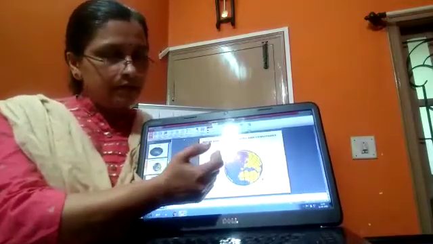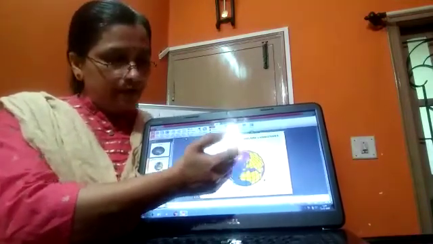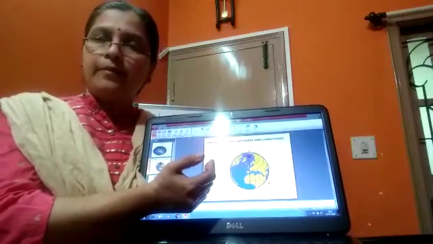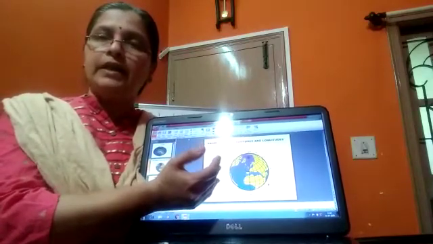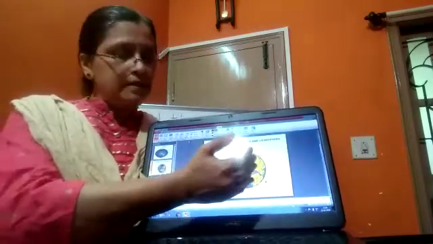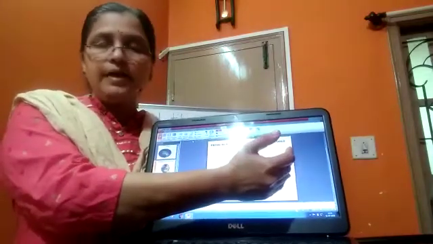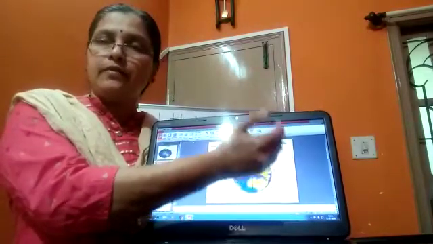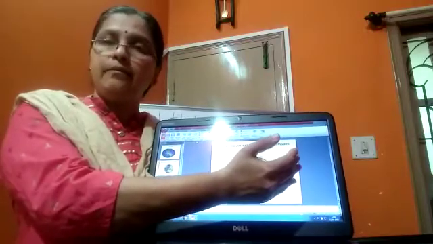And the other meridians: to the west of the prime meridian we have 180 meridians, and to the east of the prime meridian we have 180 meridians.